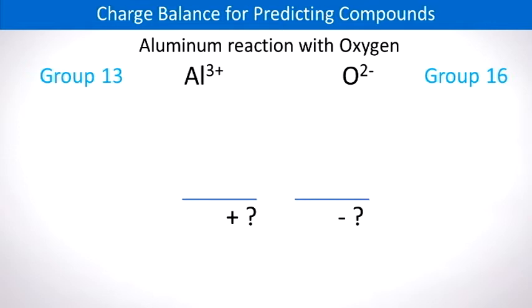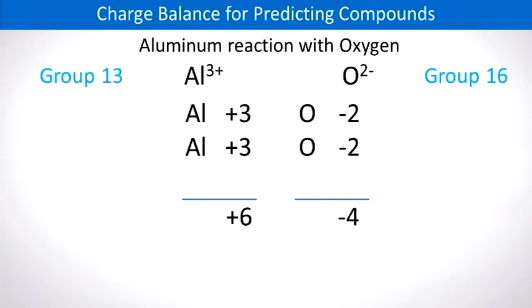And here's how we do it. Here we add one aluminum and one oxygen atom, and the balance is +3 and -2, not equal yet. We add a second aluminum and a second oxygen, we get a +6 and a -4. The magnitude of the charges are not equal yet until we add a third oxygen, which gives us a +6 and a -6, which allows us to achieve electronic neutrality in the compound.